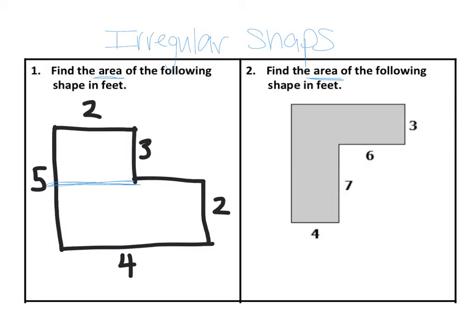It doesn't really matter. And when we are finding area, let's remember we are doing length times width. Okay, and that equals area. So when I say that, I mean we're going to be multiplying up and down, and we're going to multiply across.